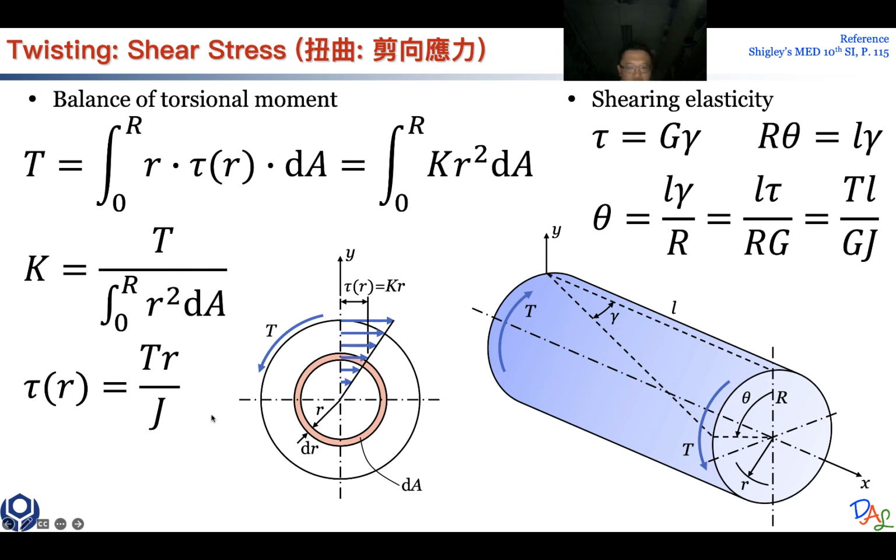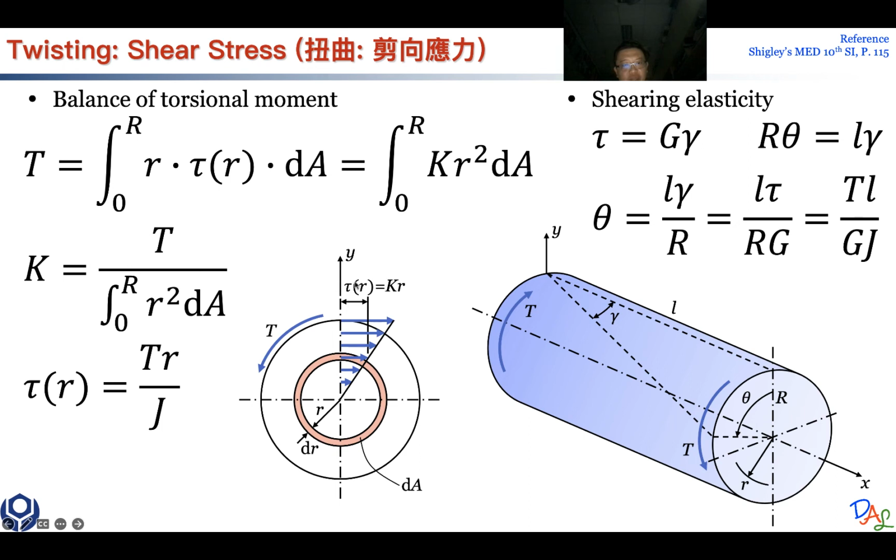So there's nothing that changes at the center. But as we move outward, and as we are reaching the position of radius r, if we observe a very small area with the thickness of dr, and this is like a ring, how much stress is there?